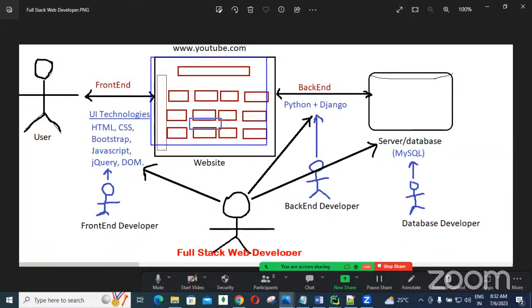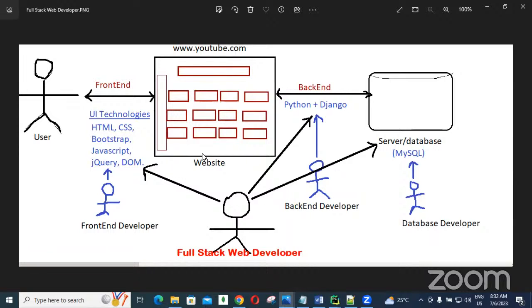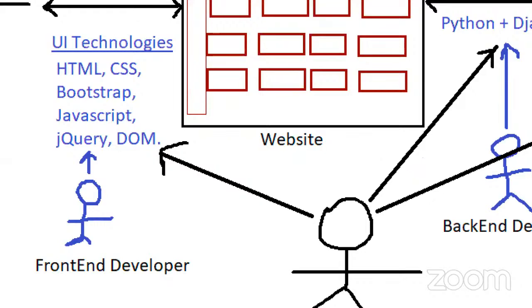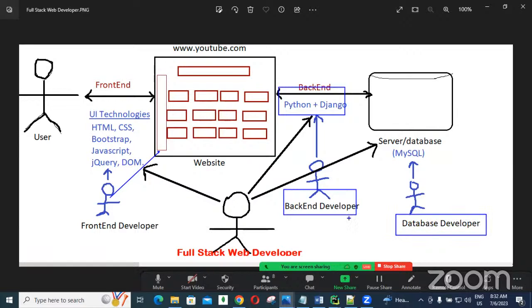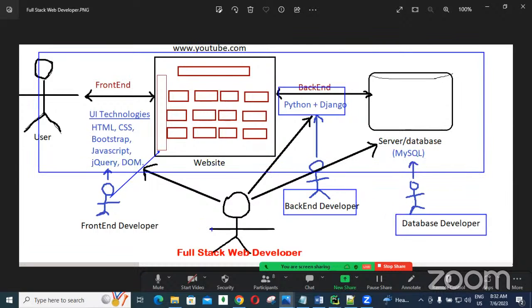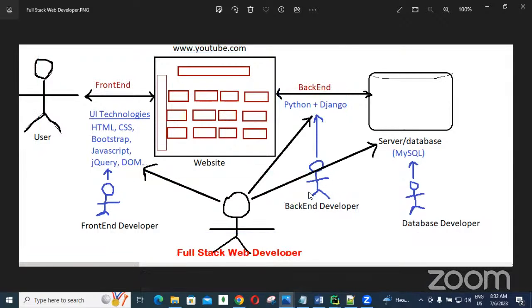We can call the one working with Python with Django a back-end developer, and the one working in the database a database developer. Whoever is responsible to work on all these areas, we can call a full stack developer. Got it?